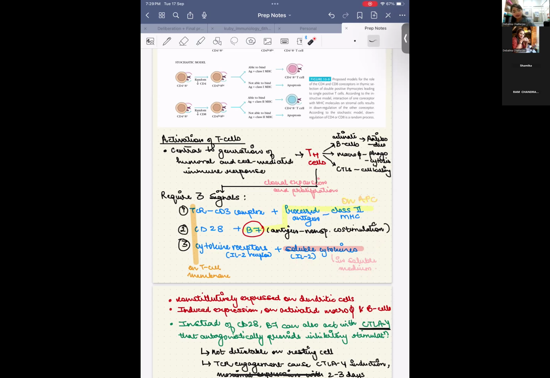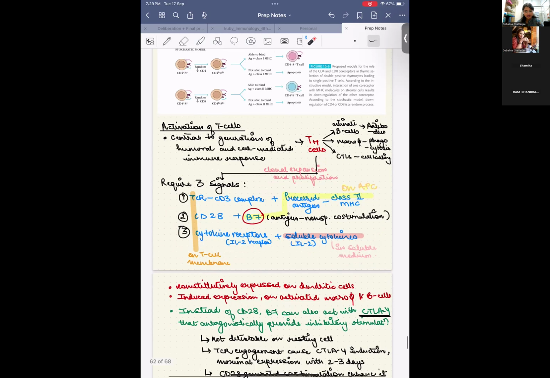Any T cell that does not have a properly functional IL-2 receptor also fails to get into further differentiation and proliferation, because the binding of IL-2 to the IL-2 receptor is an important signal that mediates clonal expansion and proliferation for your T helper cells.